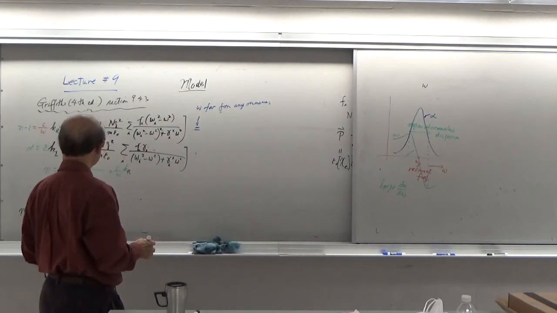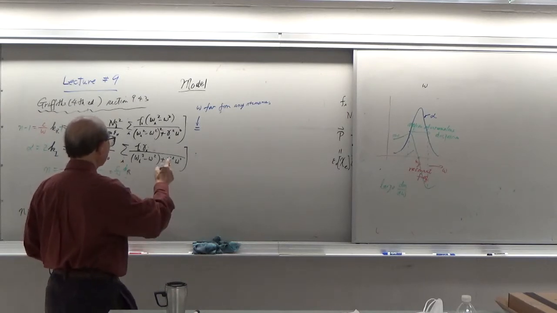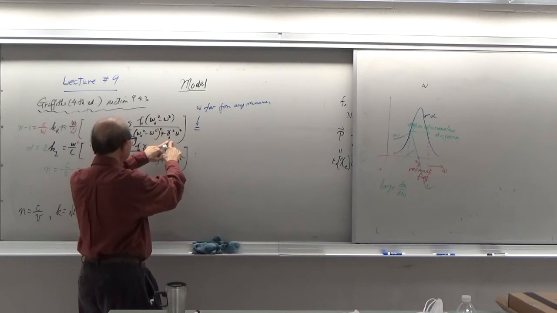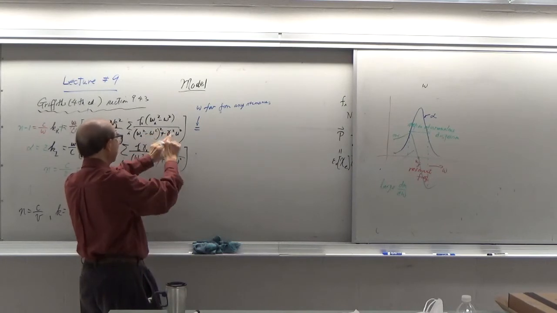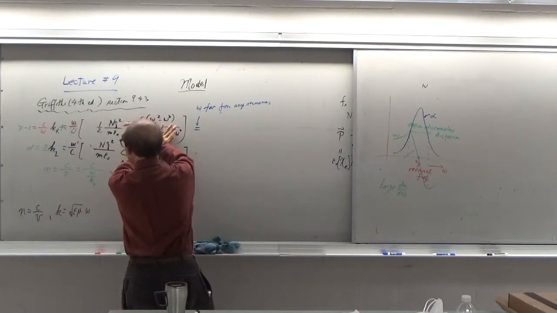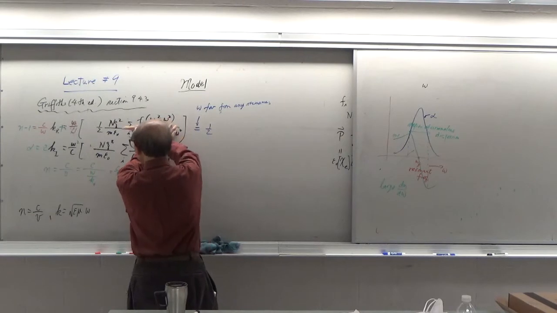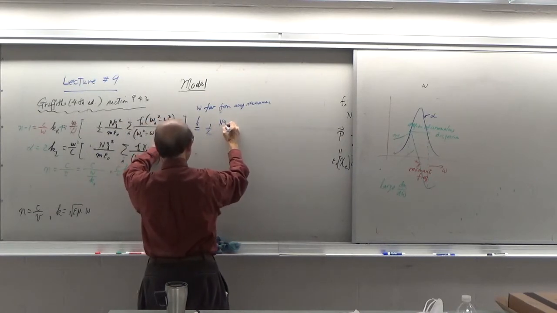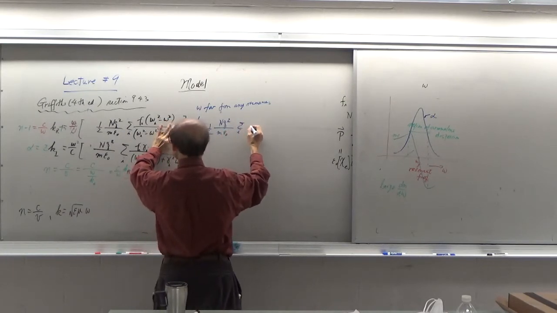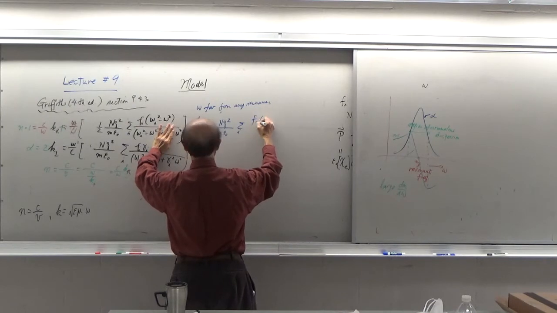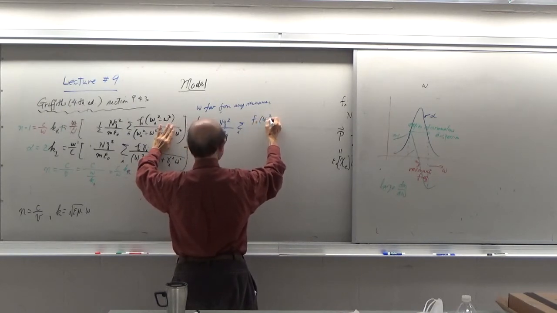Obviously, far enough from any resonances, this damping term will be small compared to this, so we can ignore it. Then it becomes 1/2 nq squared over m epsilon naught, sum over i, fi divided by omega i squared minus omega squared.